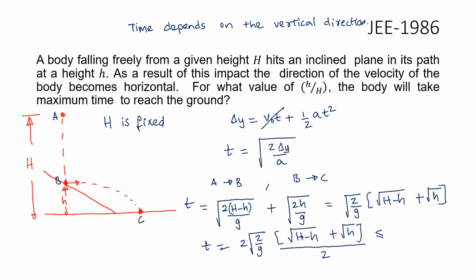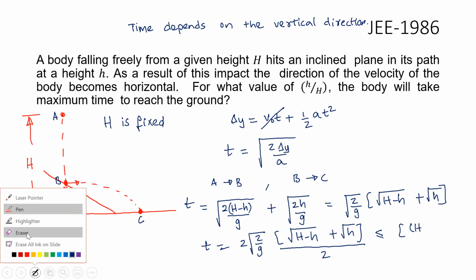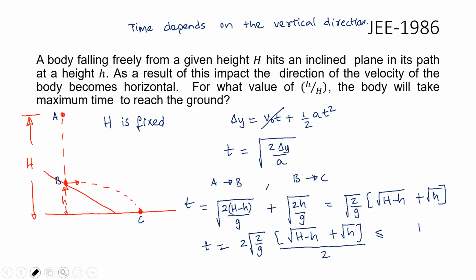Why would this be less than? 2 square root of 2 by g. One second, I think I'm not following you. This will be smaller than square root of (H minus h plus h) by 2. Okay, so this constant will be there, which we can ignore later on. So square root of (H minus h plus h) by 2.